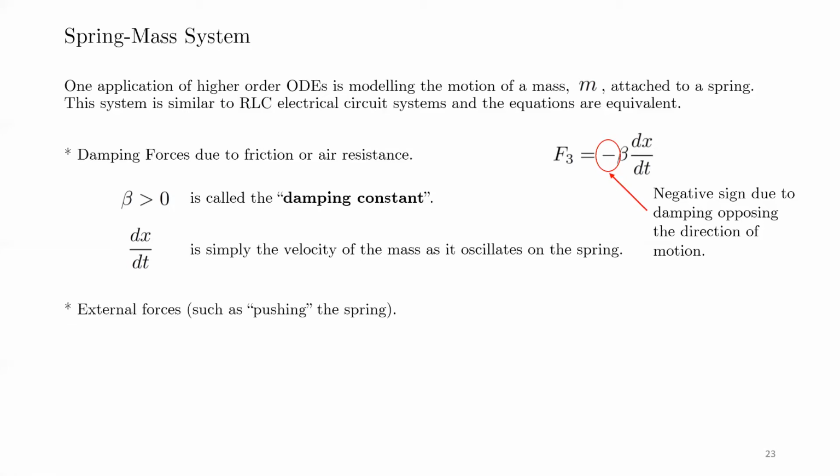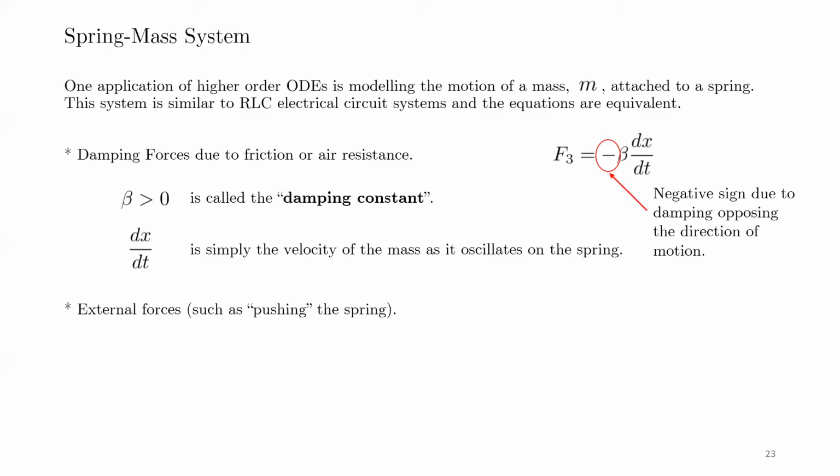There can also be external forces, for example, when we pull the spring down. If you think about it like a swing, when you're pushing a child on the swing, they swing forward, they swing back, and you push them again. So you have some external forces. You could do the same thing for a spring.